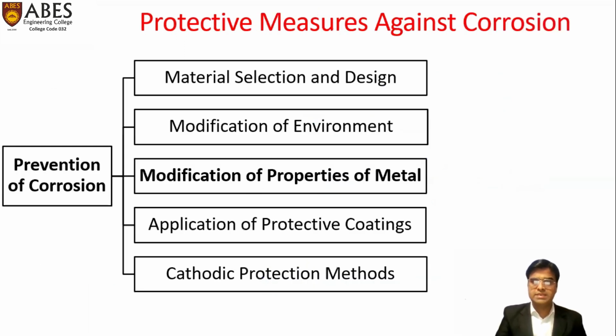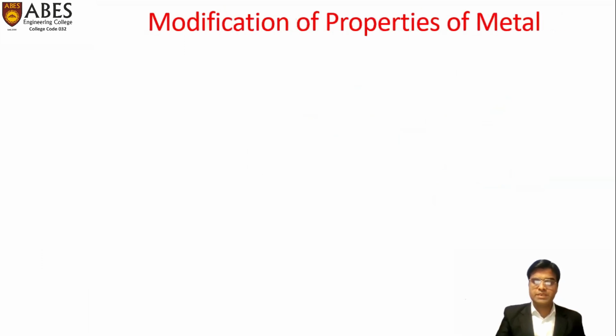Now we shall discuss about the third method, that is modification of properties of metal. The properties of the metal itself can also be changed. Those can be modified to prevent the corrosion process. It can also be done in three ways. The first is alloying. Alloying means to prepare the alloy.